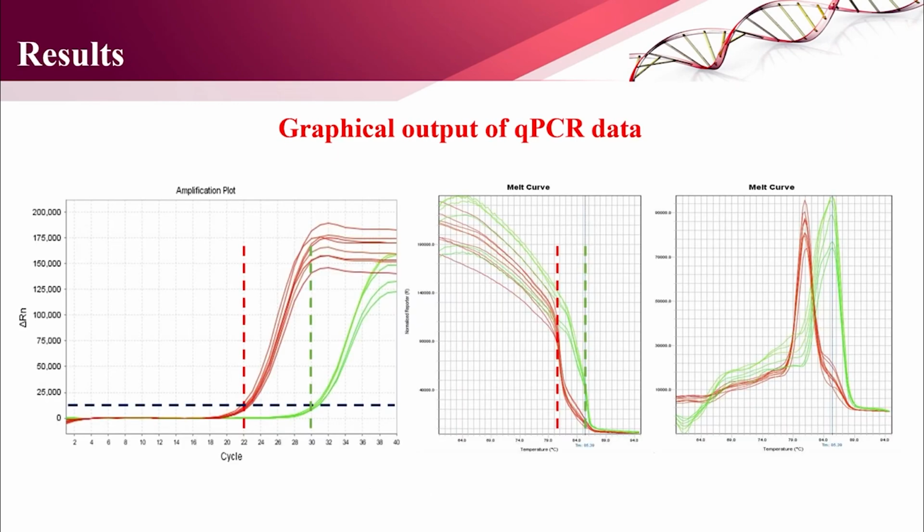The importance of these melt curve peaks lies in confirming that there is only one amplicon present. This is crucial for ensuring that your amplification is specific and not random, making it an essential step at the end of qPCR.